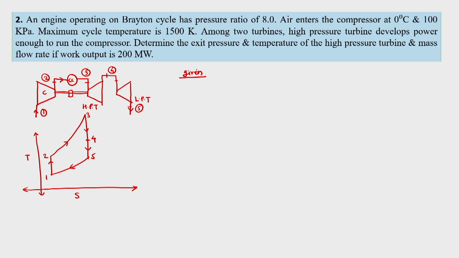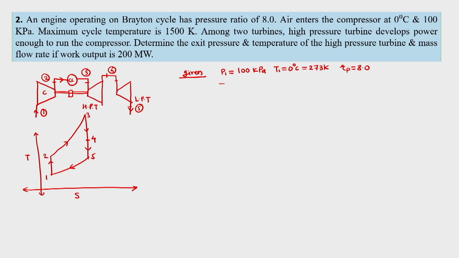Given things are: we are told that P1 is equal to 100 kPa, T1 is 0 degrees Celsius, which is 273 Kelvin. We are told that the pressure ratio Rp is 8.